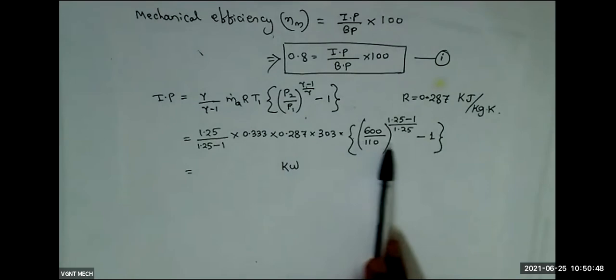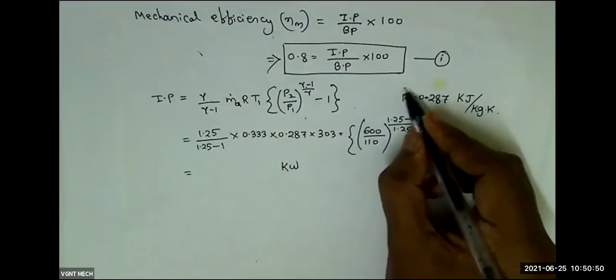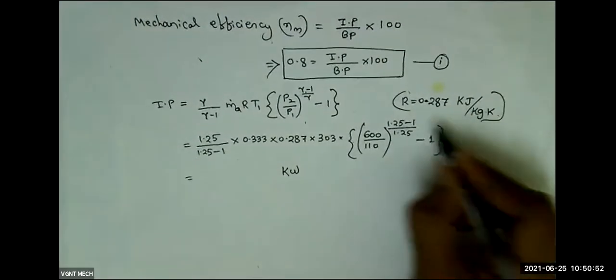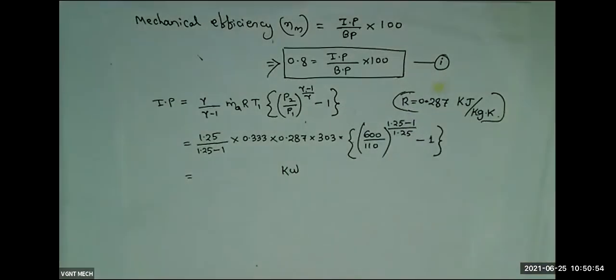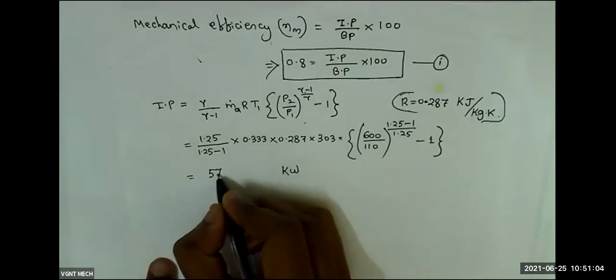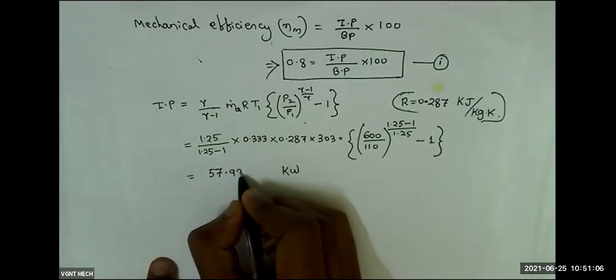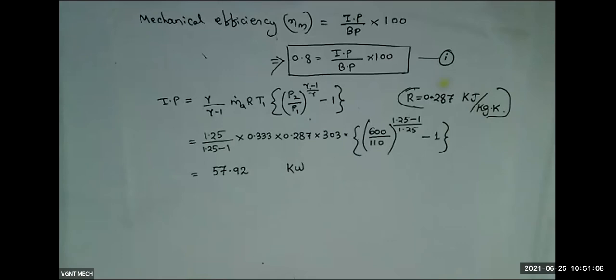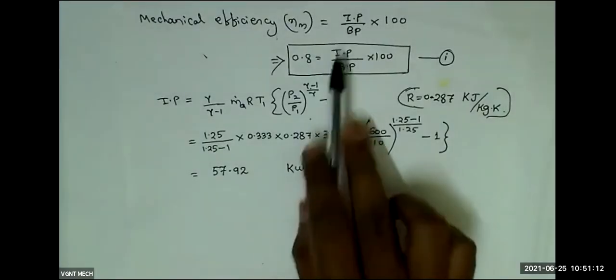So we are getting 57.92 kilowatts as indicated power.